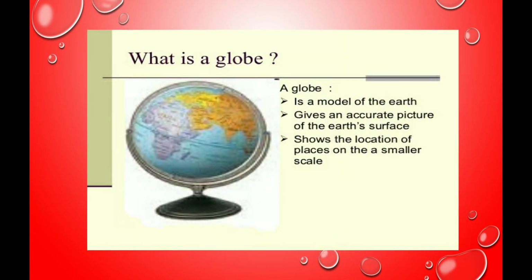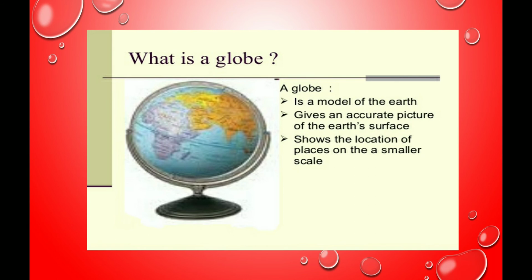Let's talk about the globe. What is a globe? A globe is a model of the earth which gives an accurate picture of the earth's surface and shows the location of places on a smaller scale. Now, for us, it is not possible to see all places on a globe at a time.